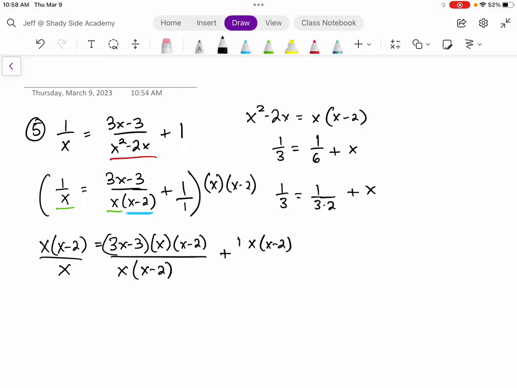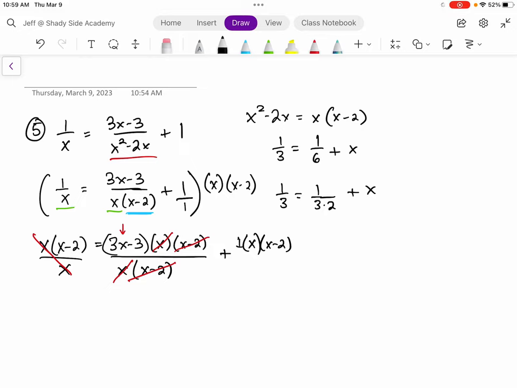It's really a 1 times these things. Okay, well, now let's cancel stuff. First, my x's get canceled. Then these x's get canceled. Then these x minus 2's get canceled. Notice I can't cancel the x in this one, because that x is involved in a 3x minus 3.